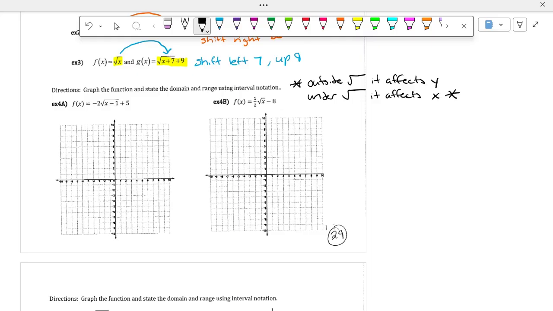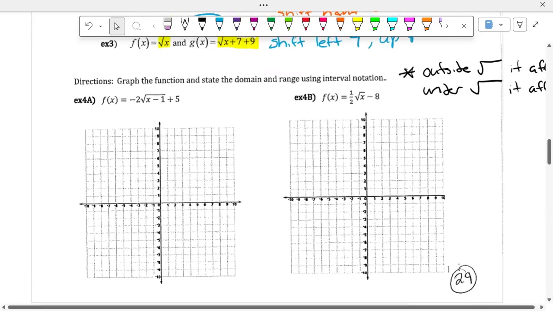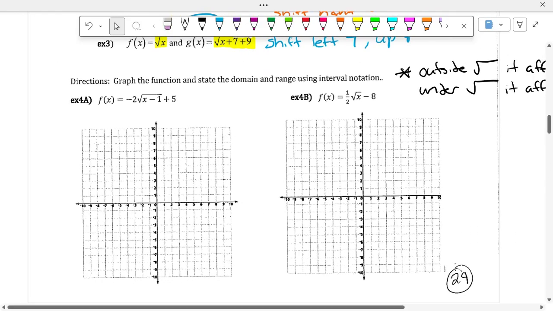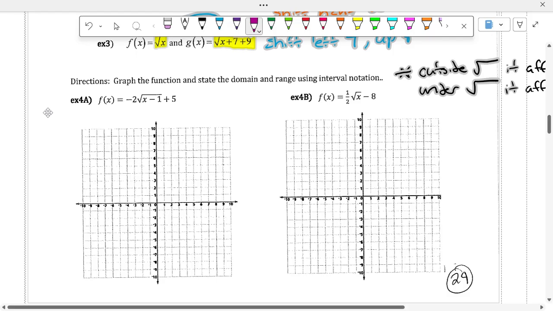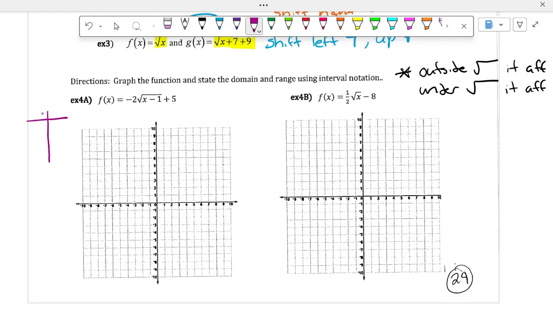So what I tell my students is always start by having your original table or your parent function table. So for a square root function, what's my x values of my parent function? So it's on the previous page.